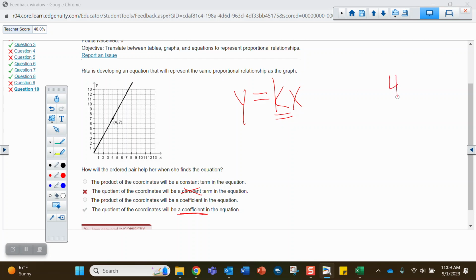So if I write something like 4x plus 7, I know this is not related, but this is a coefficient because it's attached to the x. This is a constant because it's by itself. So recognizing that that constant of proportionality, that k term, is a coefficient.